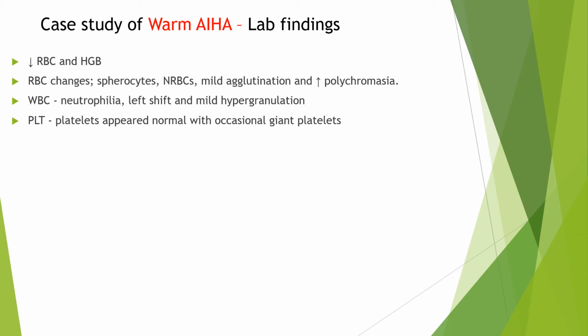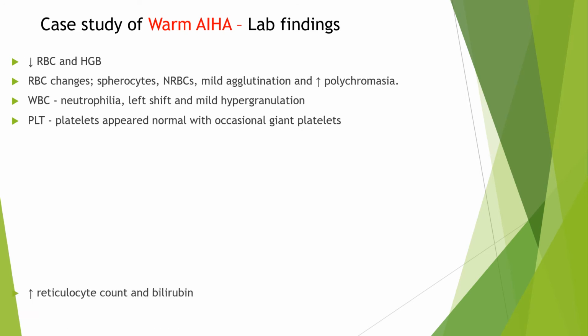Polychromasia refers to bluish RBC that are present in significant numbers in the blood smear. Actually, these polychromatic cells are reticulocytes. The RNA content in the retic, when reacting with methanol-based stain, will diffuse and become bluish. WBC and platelet are not our concern now.